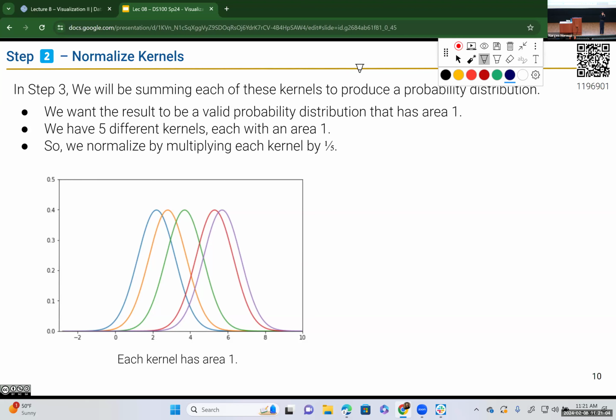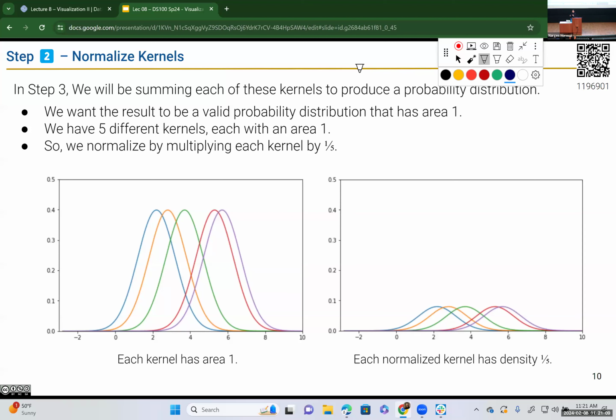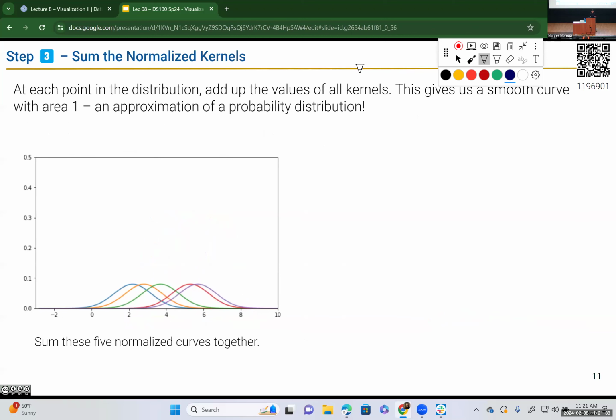That's why each one of those curves needs to be scaled by a factor of 1/5, so that we have a proportional probability assigned to every given data point. If I had n different data points, the scaling factor would be 1/n, right? Then I have a bunch of small curves with the area under them being 1/n, so that later on I can sum them up together. N curves with an area of 1/n each give me a total area under the curve of 1, which is what we're going to do in the third step.